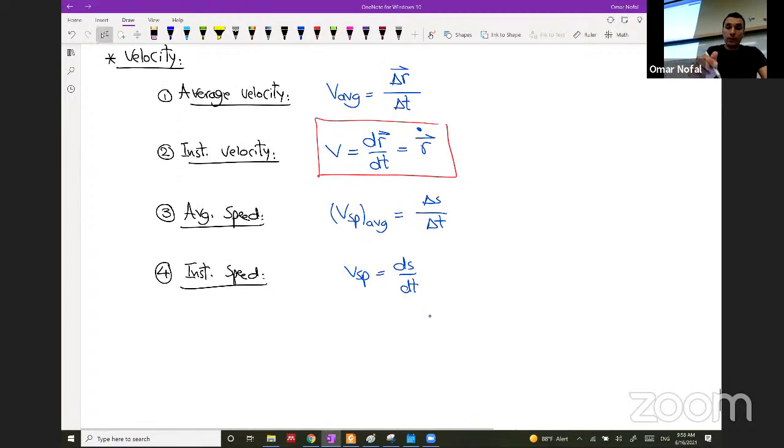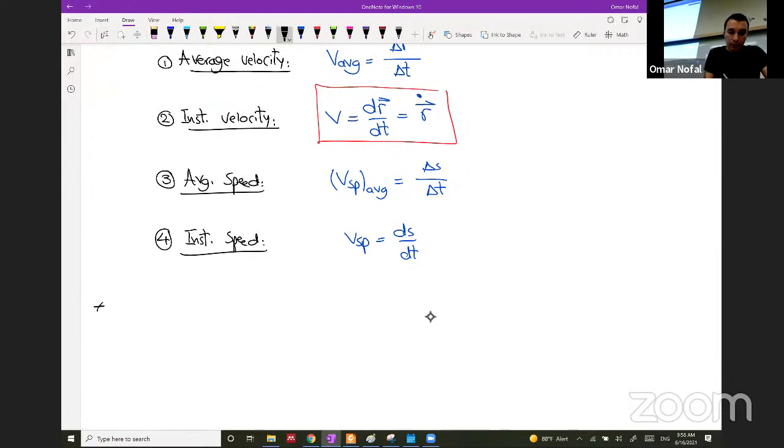So let's get to the acceleration. For the acceleration, let's get number one, which is the average acceleration.